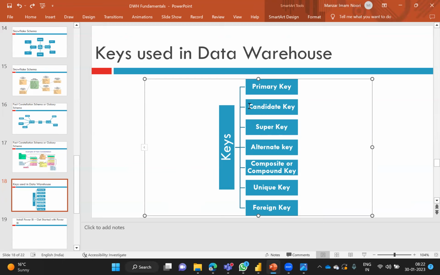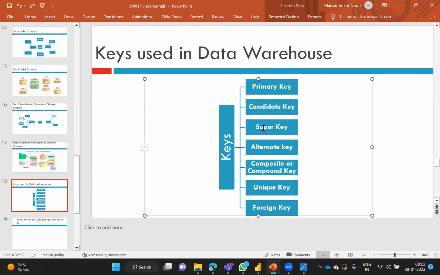So what is the candidate key? You can say it is the minimal key. Suppose you have a super key; super key and candidate key are connected. What is a super key? You have many combinations of columns in a table which can be used as a primary key, which can uniquely identify a tuple, a row.